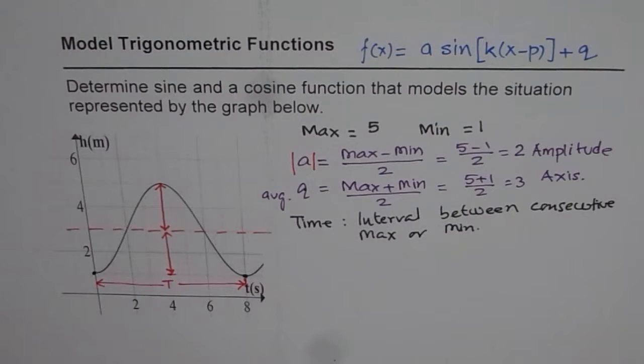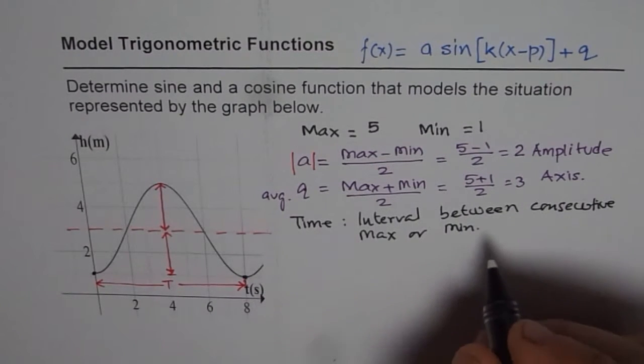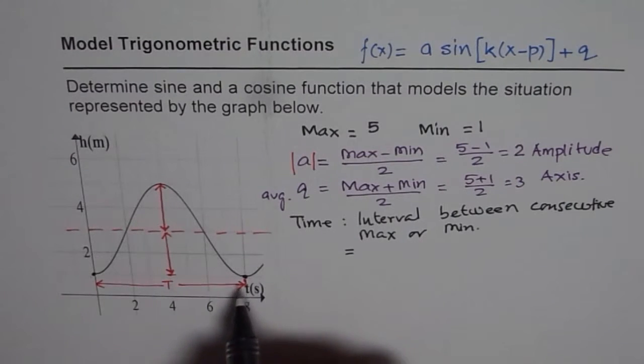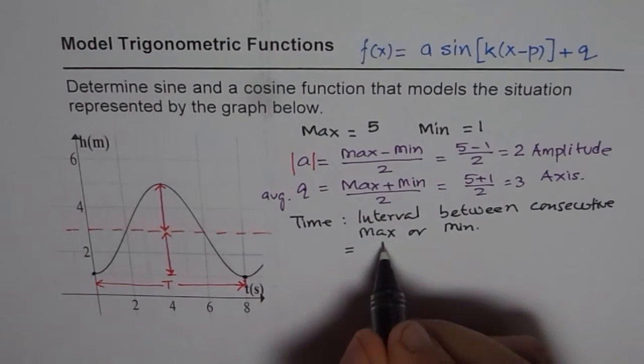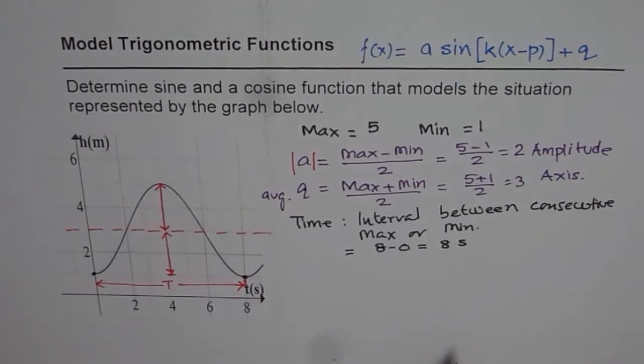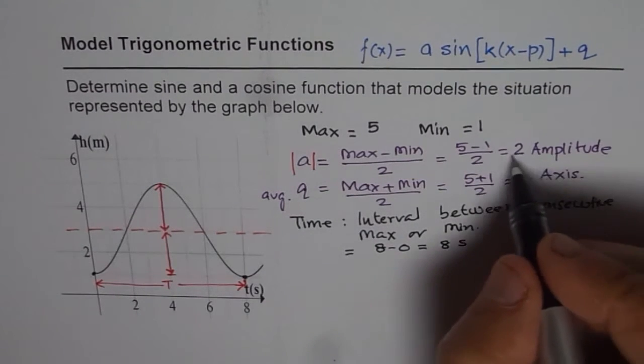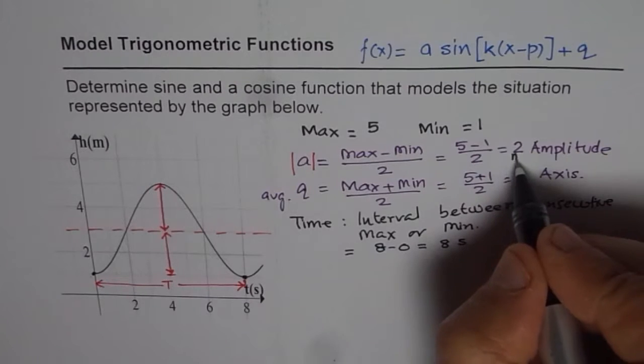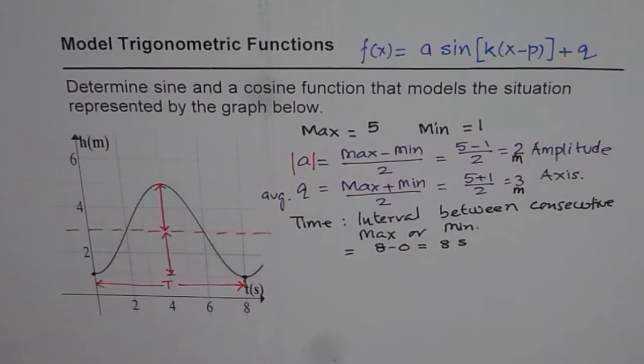So the time period for this particular graph is between two maximums, 8 minus 0, which is 8 seconds, correct? The units for amplitude are in meters, and the axis is at 3 meters.